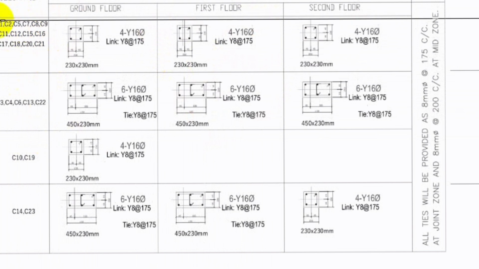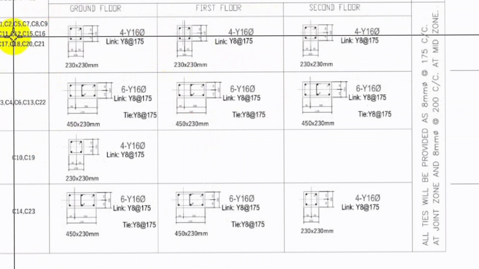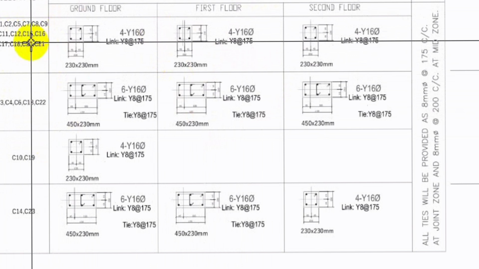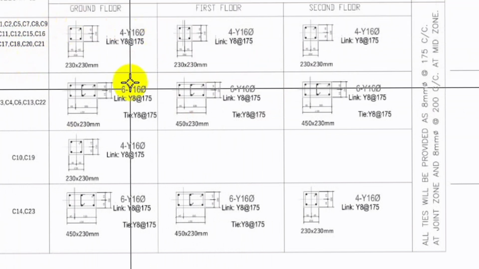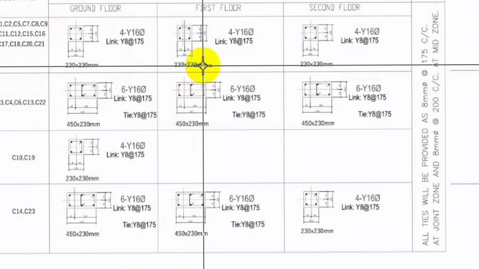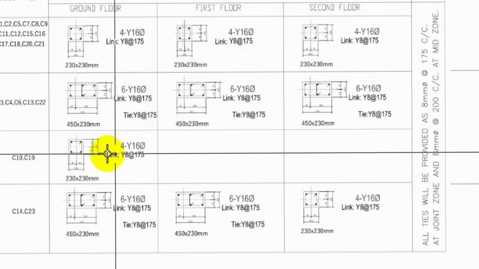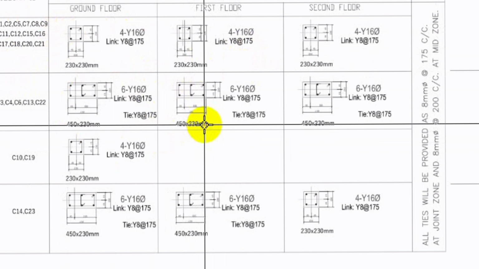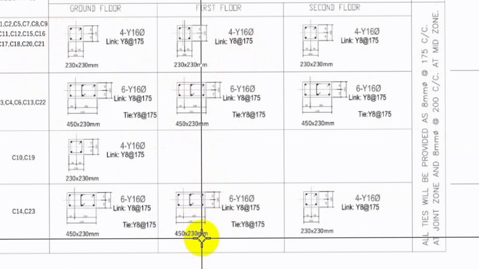So over here we have about, this is 6, this is 1, 2, 3, 4. So this is 14. So we have the size 230 by 230. We have 14, and then here we have over 5, and we also have another one here.